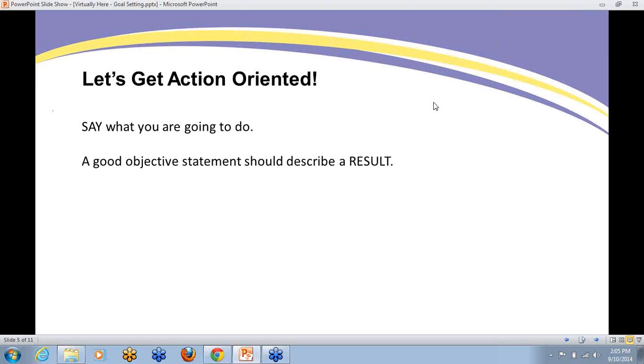So what you need to do is describe your goals using action verbs. You need to outline the exact steps you will take to accomplish your goal. You need to consider, can your goal be tracked and accounted for? Let me go to the next slide.